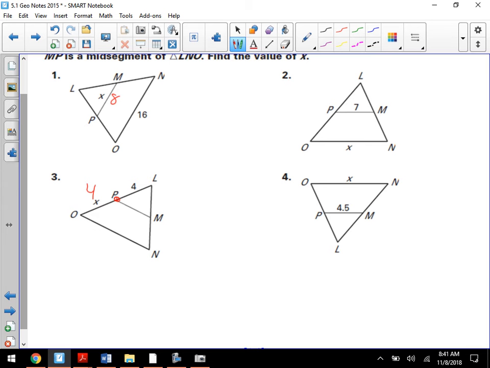If the mid-segment is 7, what's the side it doesn't touch? 14. If the mid-segment's 4.5, how much is the side?